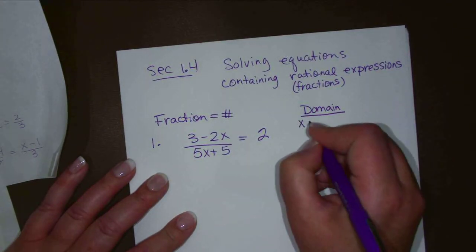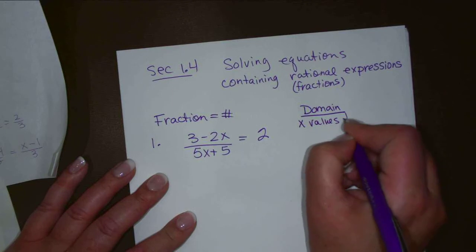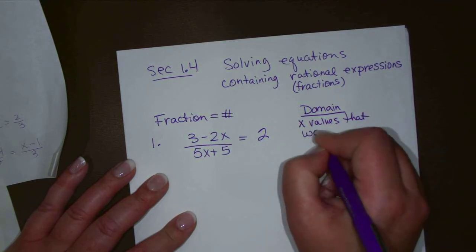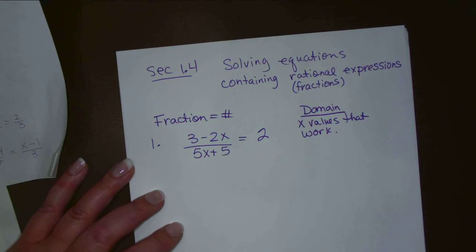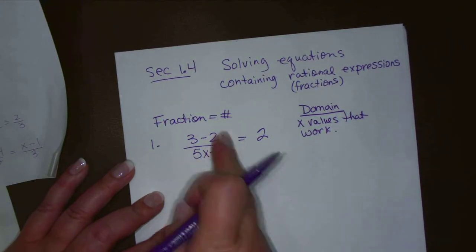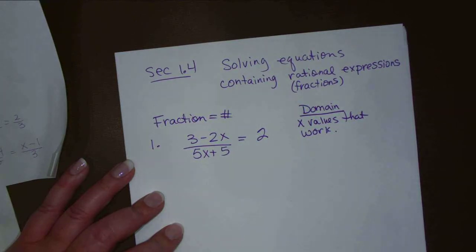Domain is the x values that work. Now, we don't know what they are right now, and in fact, that's what we're looking for: what x value works in this, that we can plug in and makes both sides equal to 2. But when we talk about domain in a fraction, we're talking about the numbers that don't work.